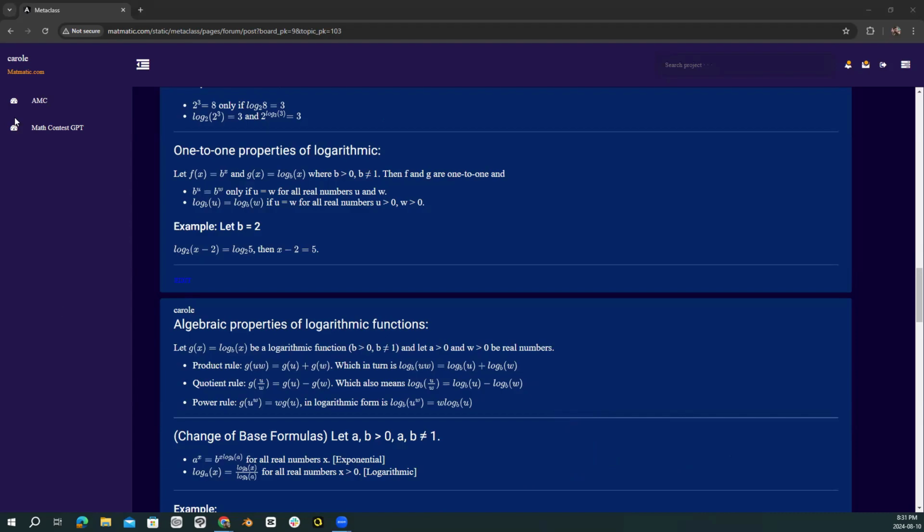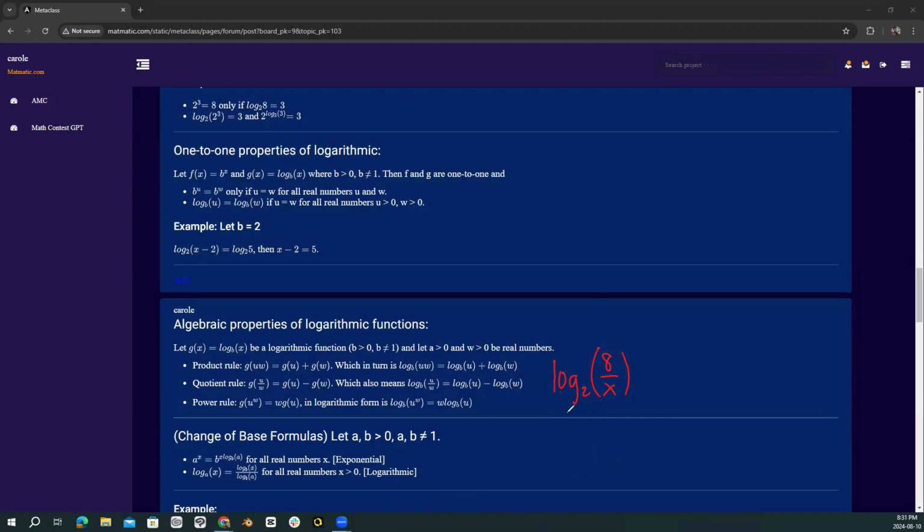Okay, next we have the quotient rule. This is pretty similar to the product rule. You're subtracting instead, it's just the opposite of the product rule. Let me use the same example: log base 2 of 8 divided by x this time.